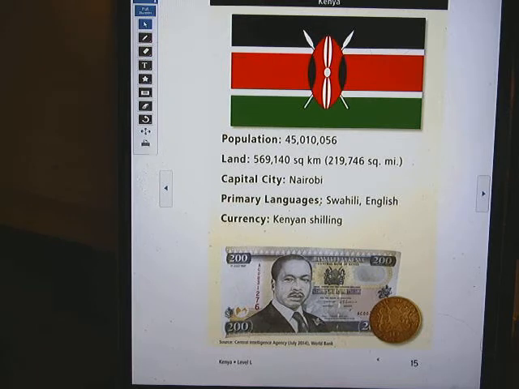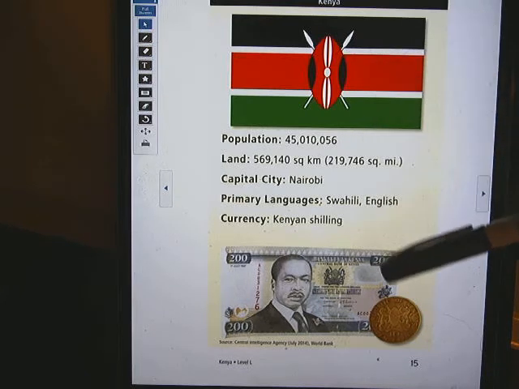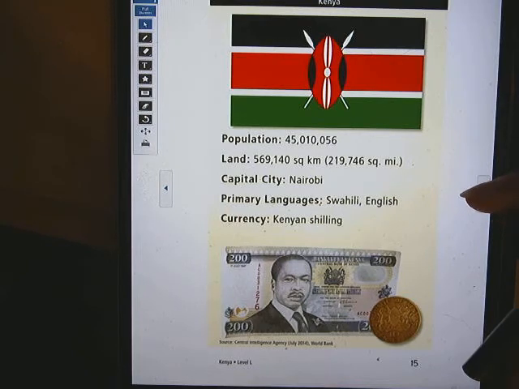The capital city is Nairobi. The primary languages are Swahili and English. And the currency is the Kenyan shilling. And this right here is the currency and photographs with that. So there's the flag. So this gives you, if you want a quick glance, some quick facts of Kenya.